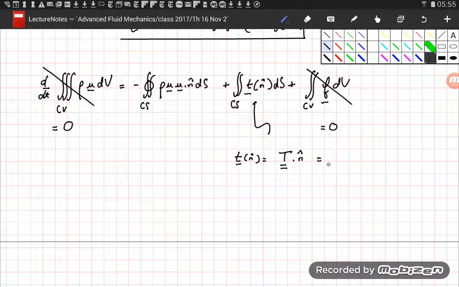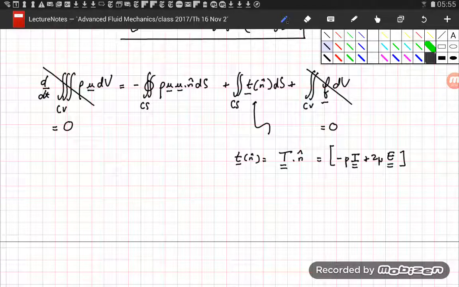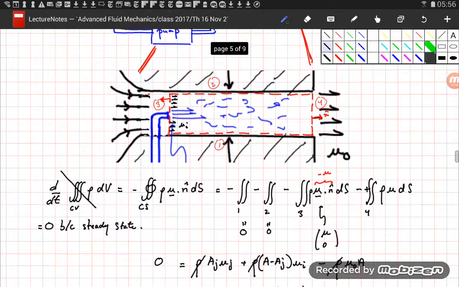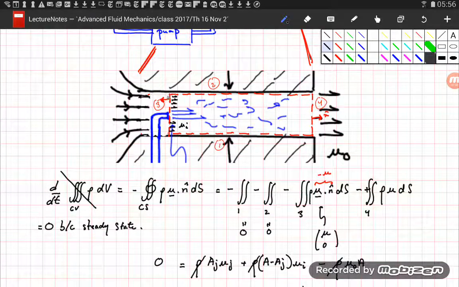And for a Newtonian fluid, the stress tensor is equal to minus p, pressure, times the identity matrix plus 2 mu times E, the rate of strain tensor. This here has to do with the viscous stresses. Dot n.